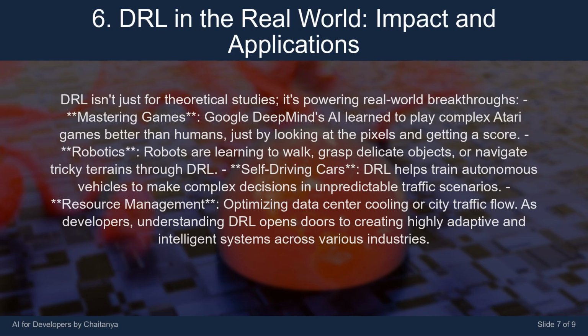Self-driving cars: DRL helps train autonomous vehicles to make complex decisions in unpredictable traffic scenarios. Resource management: optimizing data center cooling or city traffic flow. As developers, understanding DRL opens doors to creating highly adaptive and intelligent systems across various industries.